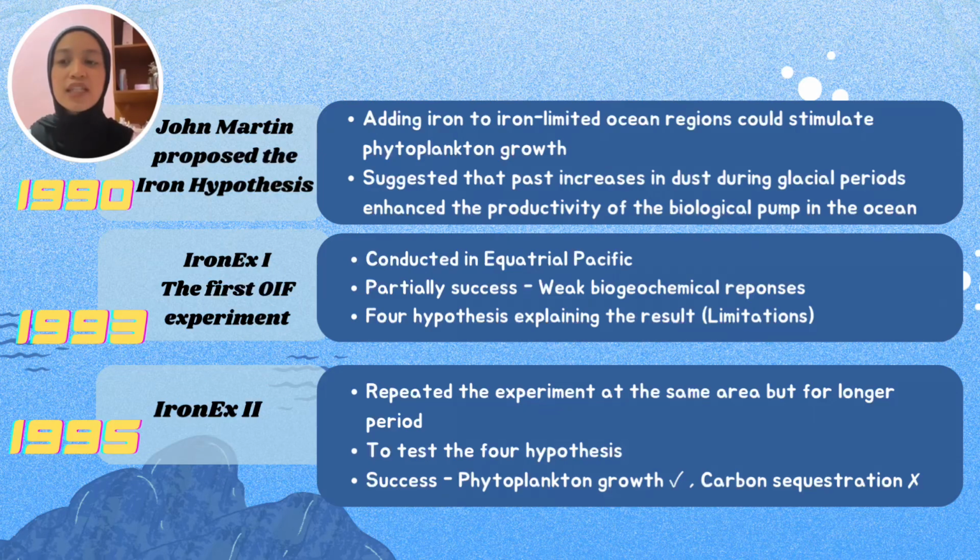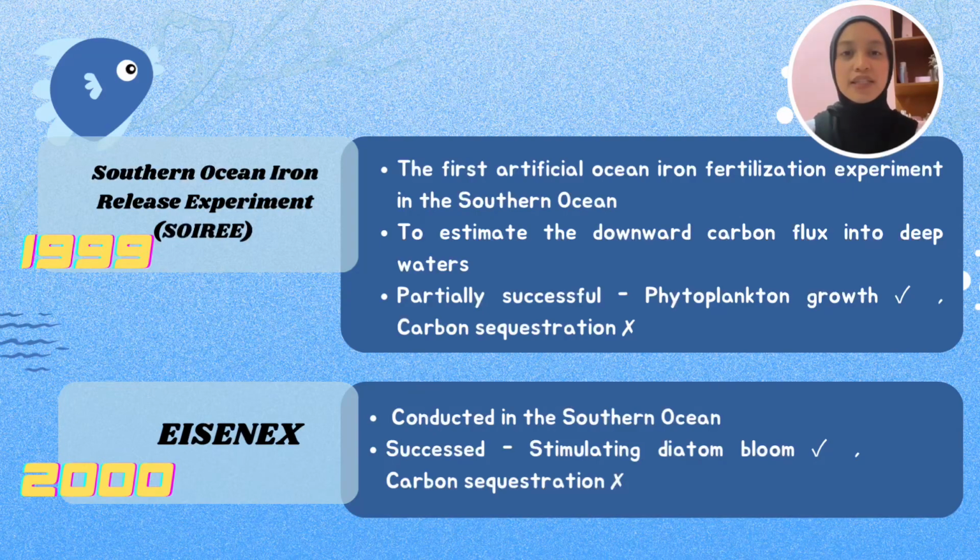So, in 1995, IronEx 2 was conducted, and it repeated the same experiment at the same area and gained a better result. In 1999, another experiment was conducted, which is the Southern Ocean Iron Release Experiment. It is the first experiment conducted in the Southern Ocean.